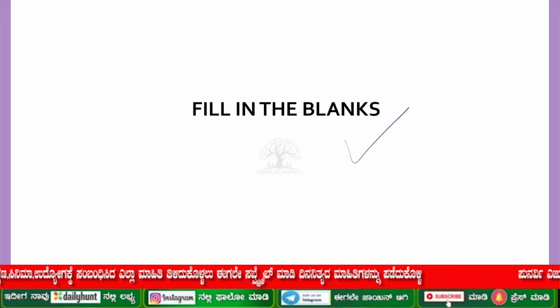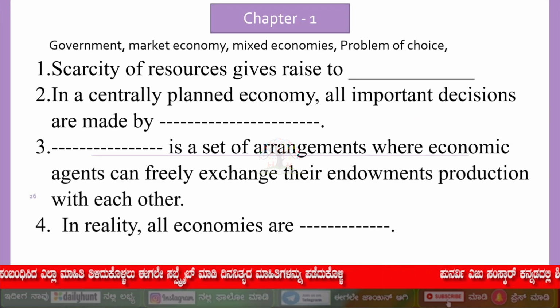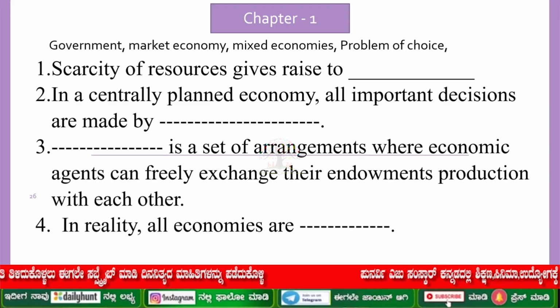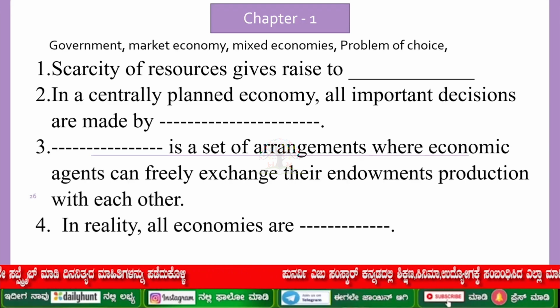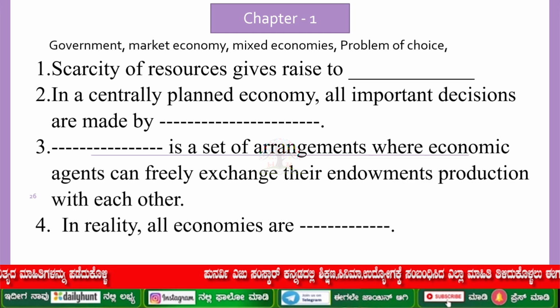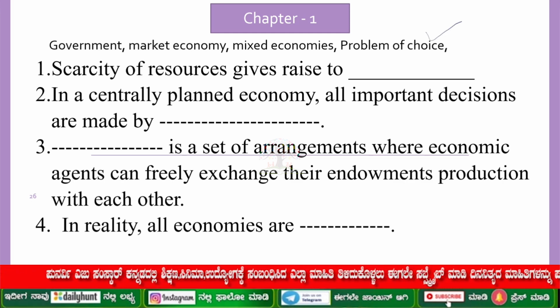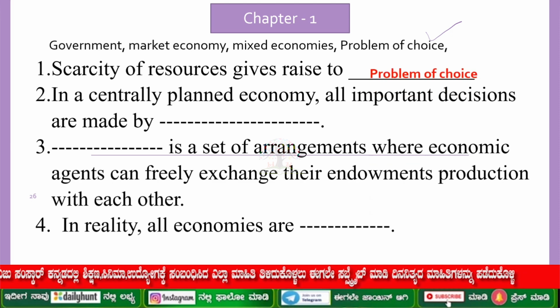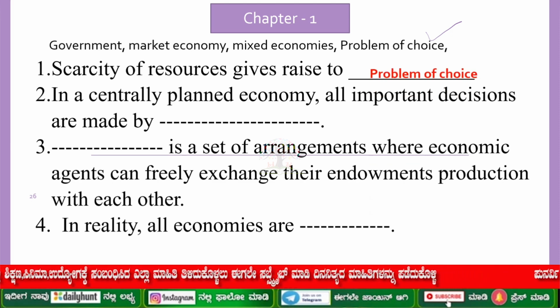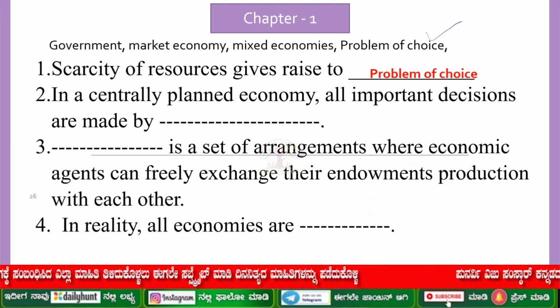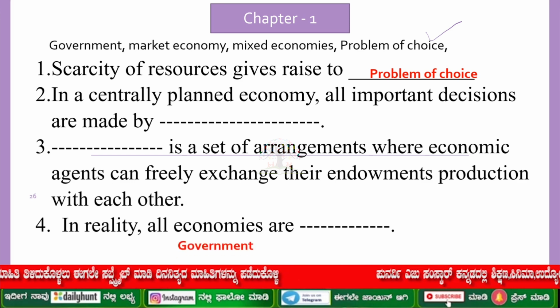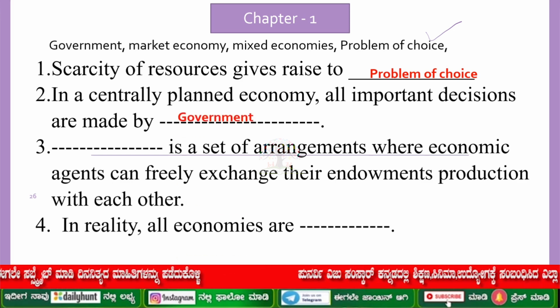Now let us discuss fill in the blanks. Here you can see, dear students, first one: scarcity of resources gives rise to. As answers will be given, from that you have to select. Scarcity of resources gives rise to the problem of choice. In a centrally planned economy, all important decisions are made by government.